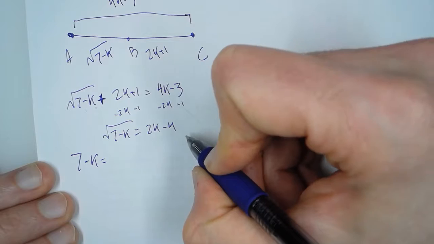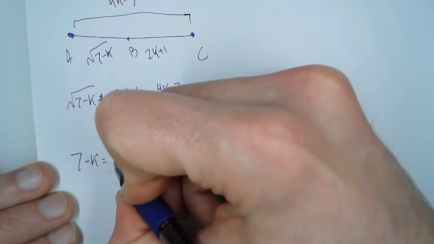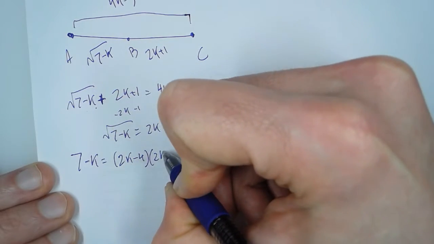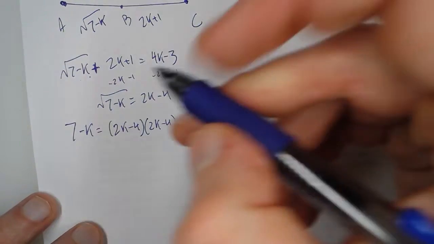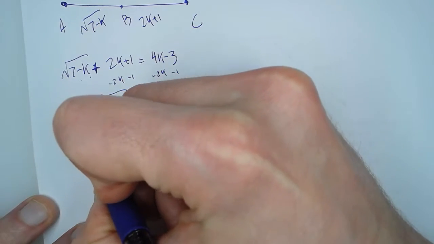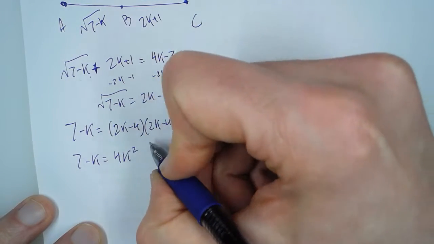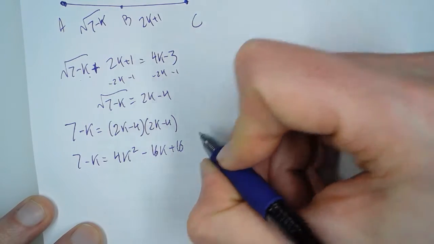Now by squaring 2k minus 4, we're going to multiply 2k minus 4 times the quantity 2k minus 4, like this. So this is going to be 4k squared minus 16k plus 16.